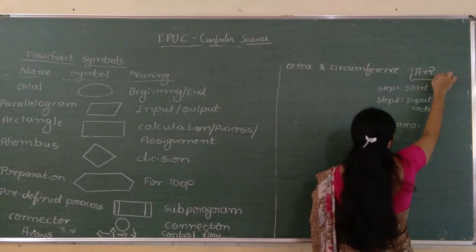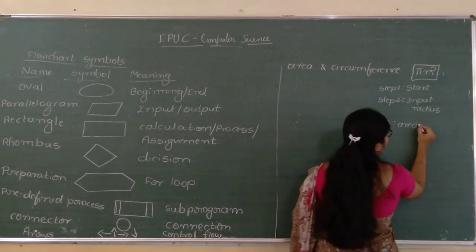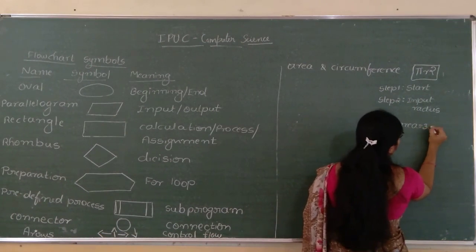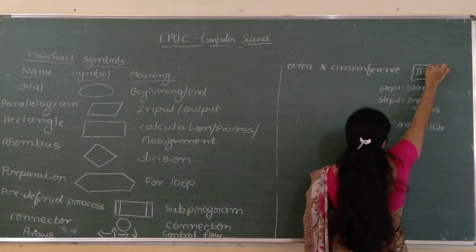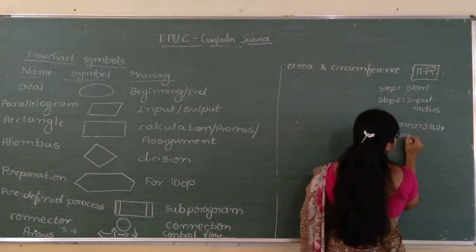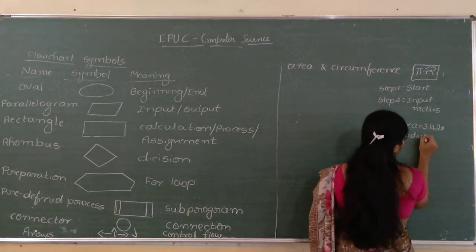This is the formula to find out area, and the value of pi is 3.142 into r into r, that is radius into radius.